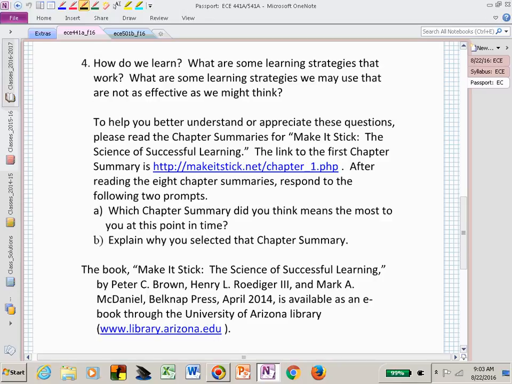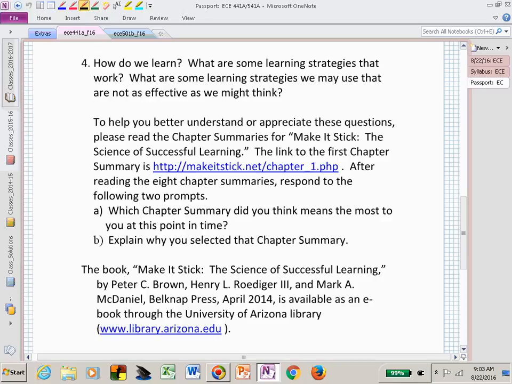And if you do want to read the book, you can. It's available as an ebook through the University of Arizona Library. But what I want you to do for step 4 of your passport is to simply tell me which of those chapters you resonated with in terms of the summary, and explain why that particular summary spoke to you.